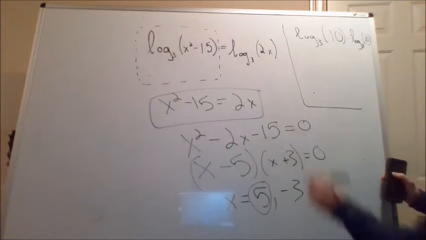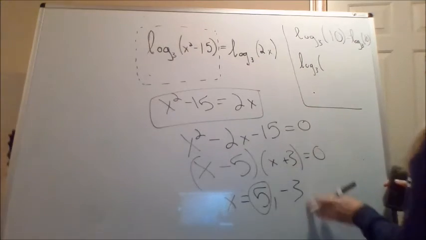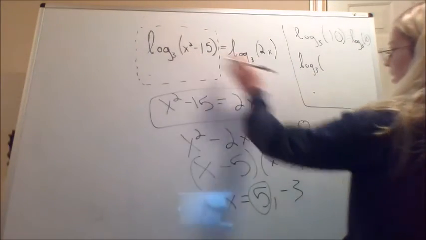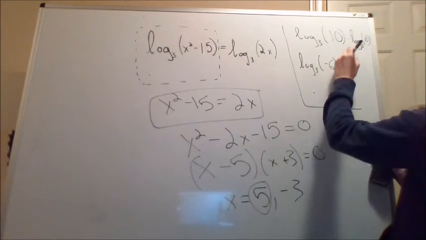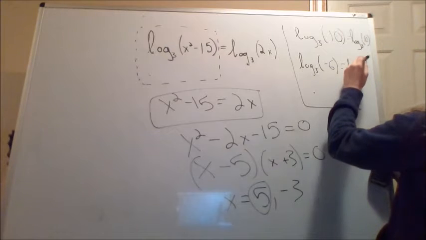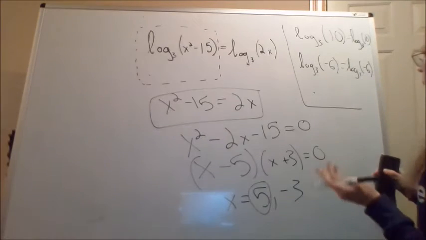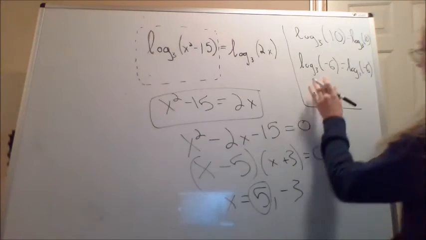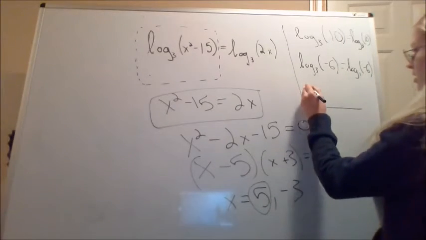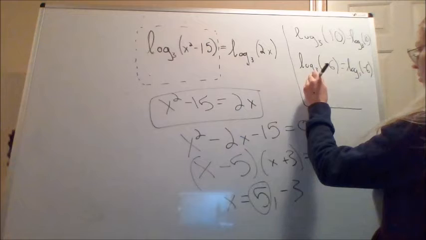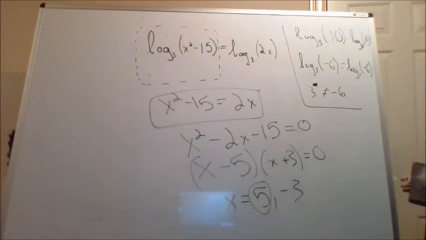Let's try negative 3. Log base 3 of, let's see, if we plug in negative 3 here, we're going to get 9 minus 15, so negative 6, equals log base 3 of negative 6. But there's a problem here, because log base 3 of negative 6 doesn't make any sense, because 3 to whatever power cannot equal negative 6, so this doesn't exist.